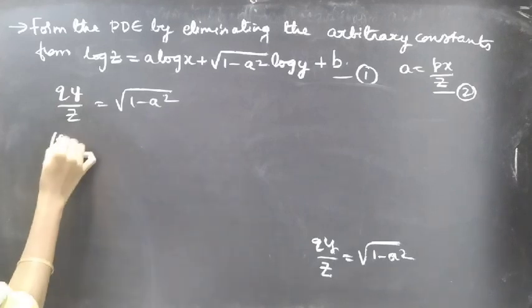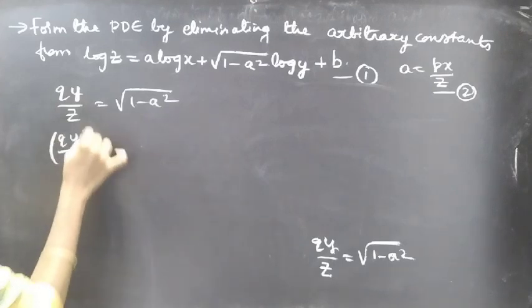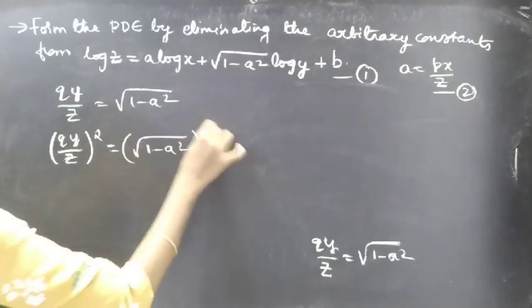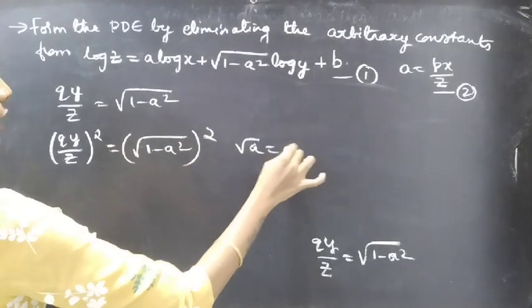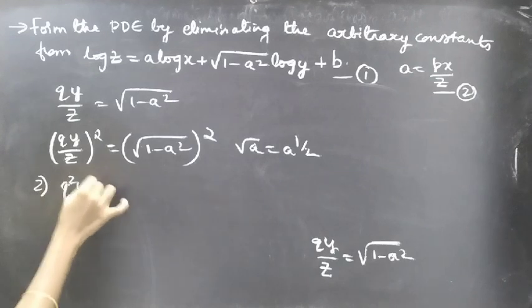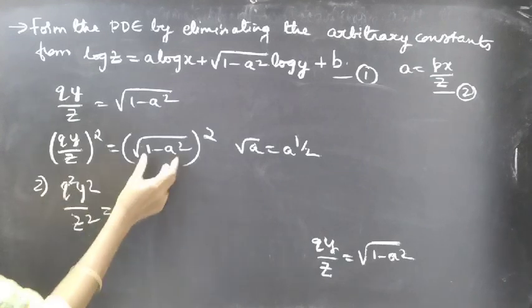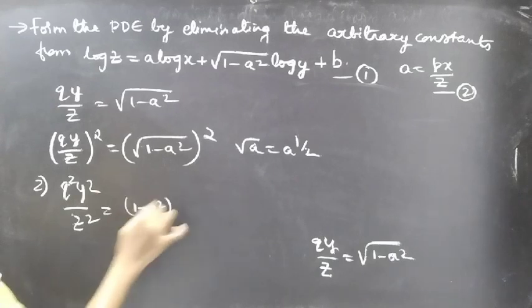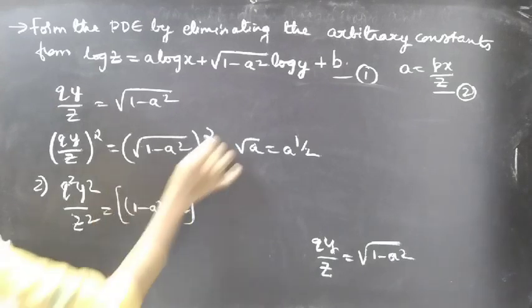Squaring on both sides, since we know that square root of a can be written as a power 1 by 2, we'll write square root of 1 minus a square as (1 minus a square) to the power 1 by 2, raised to the power 2.